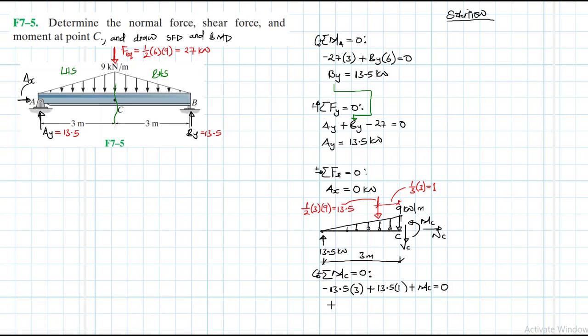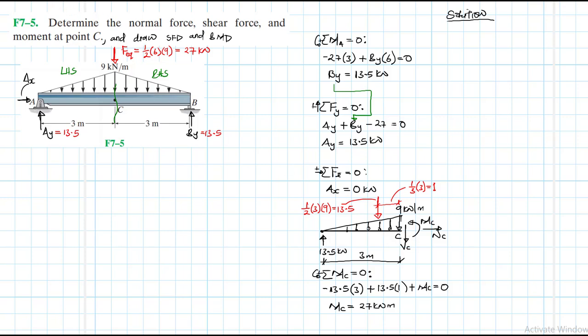And therefore our MC is going to be equal to minus 13.5 by 3 plus 13.5 by 1. So expect MC to be equal to 27 kilonewton meters, right? Let me minus 13.5 times 3 plus 13.5 times 1. Okay, that's 27.